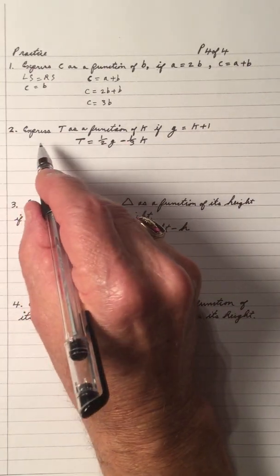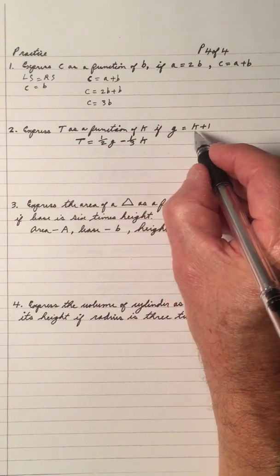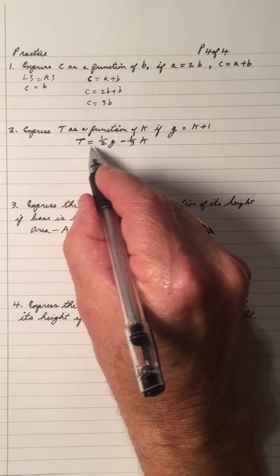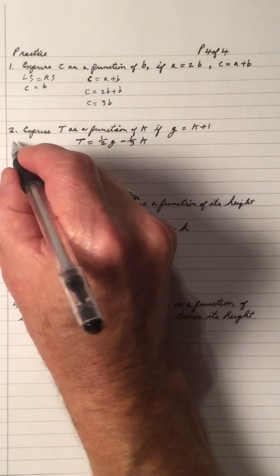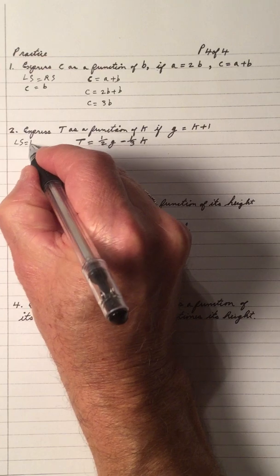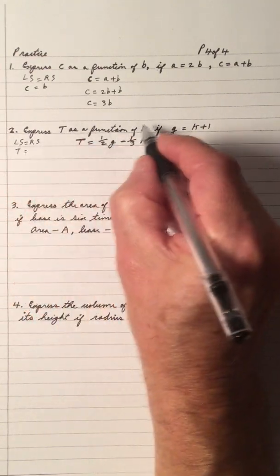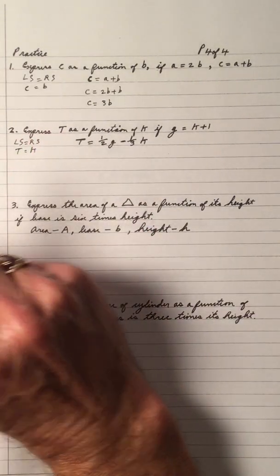And third one, express T as a function of K if G equals K plus 1 and T equals a half G minus 1/3 K. So again, to be consistent, I have T and I have K. So T is on the left, K is on the right.